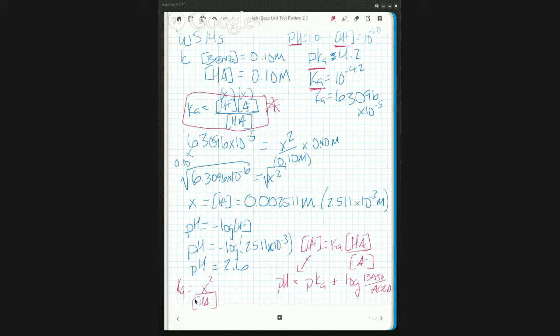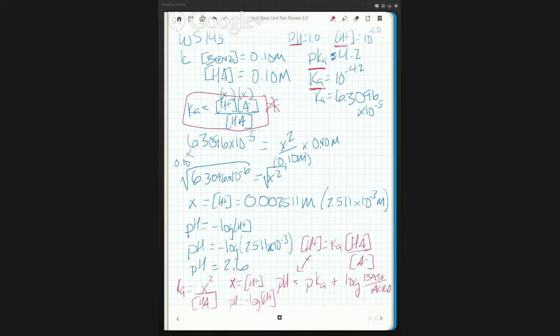And so they'll often give you the Ka of a substance, and they'll give you the concentration of that weak acid, and then ask you to find the pH. So basically, X is equal to the concentration of H plus, and once you have X, you can then do pH equals negative log of H plus, and that will give you the pH. So that's the sequence that you would go through to solve that.